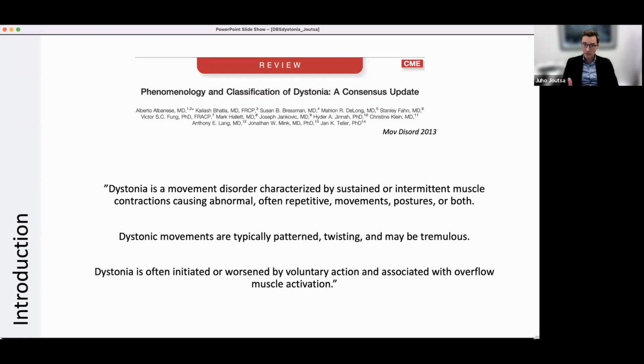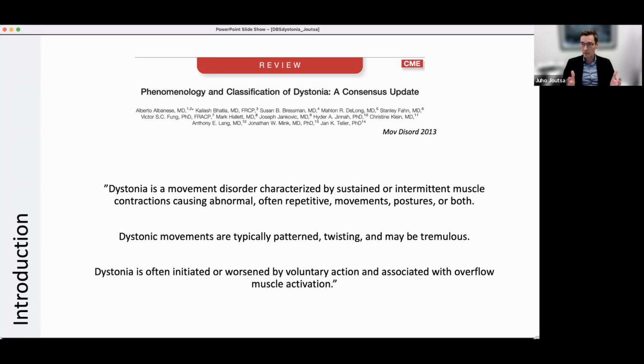And these movements are typically patterned, twisting, and may be associated with tremor. Dystonia is characteristically initiated or worsened by voluntary action and associated with overflow muscle activation. So that's the definition of dystonia, and the diagnosis is clinical.